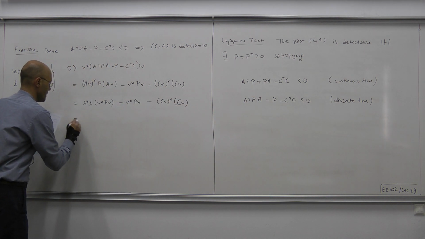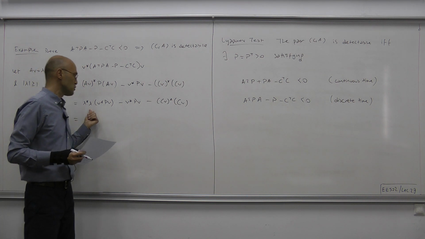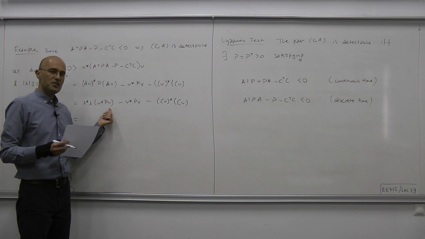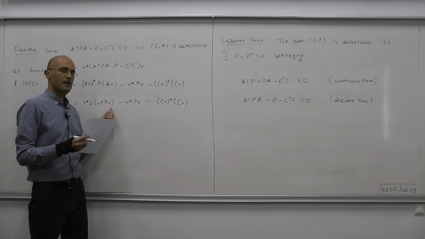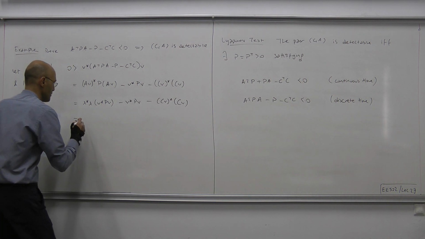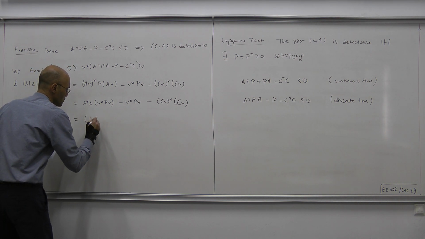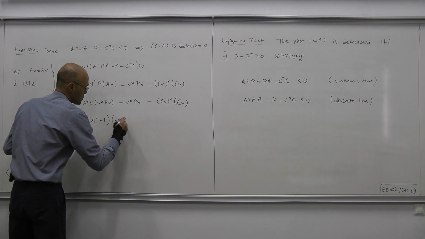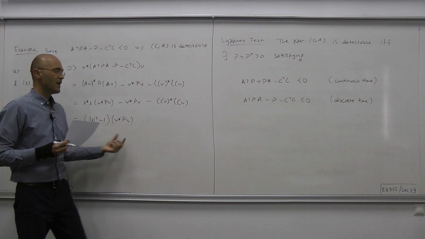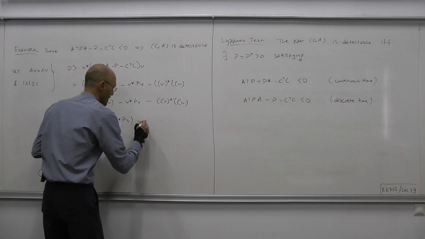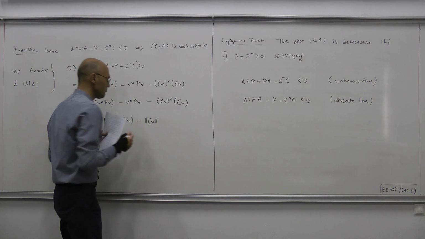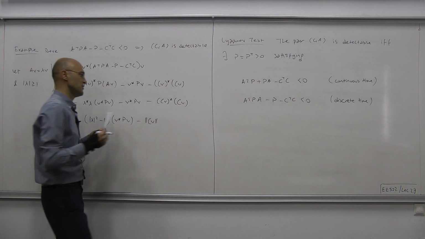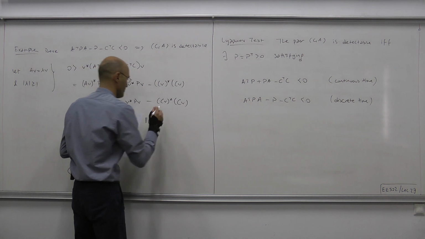So this is lambda magnitude square multiplying this, and here we have the same term. Together these can be written as lambda magnitude square minus 1 multiplied by V conjugate transpose PV, and this can be written as minus norm square of CV.